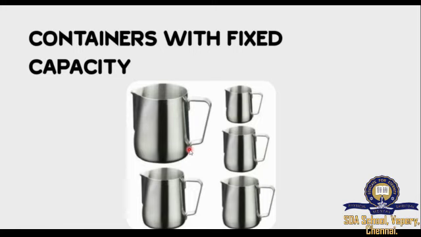We can use such containers, but it is not possible for us to measure some amounts of volume. Like you cannot measure 20 milliliter in this, right? Because there is no provision for you to measure a very small amount of volume.